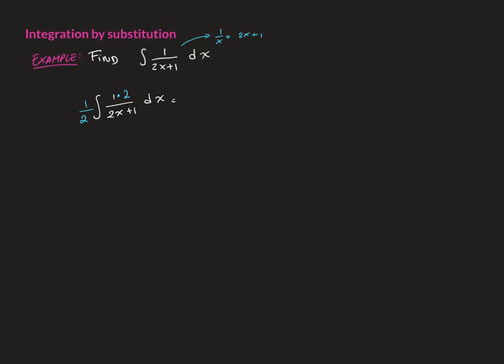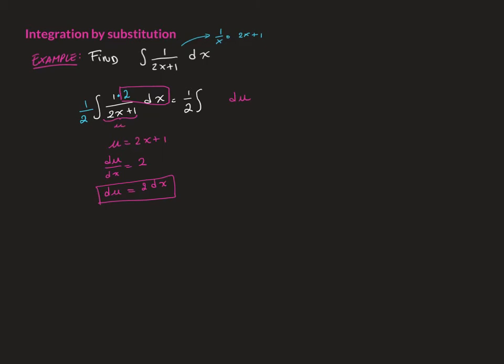But now what I see is that my integral can be rewritten in terms of a variable u that I can define as 2x plus 1, and I can calculate its derivative, which is 2, and I can find du is going to be 2 times dx. So what I know now is that I can group these 2 with dx to get du, and this bottom will become u.